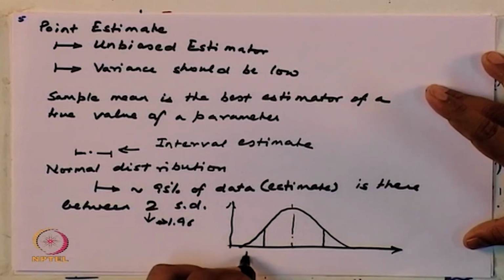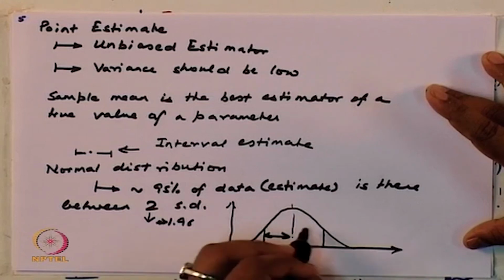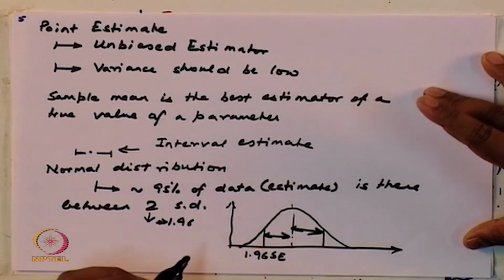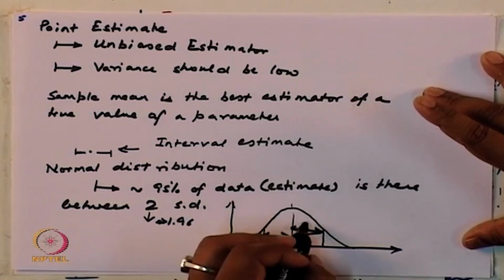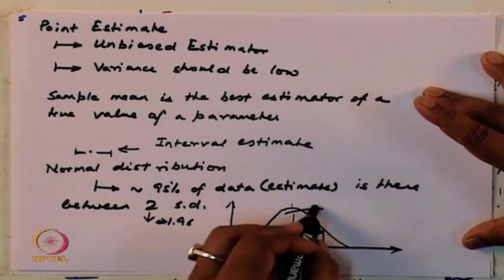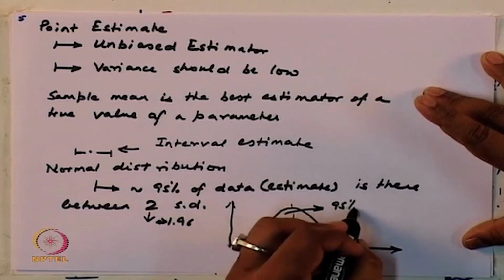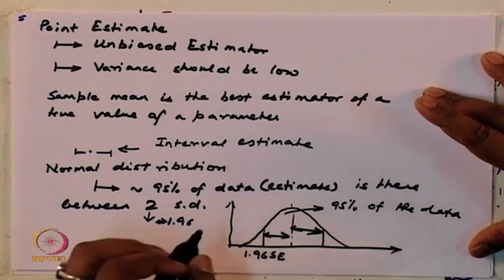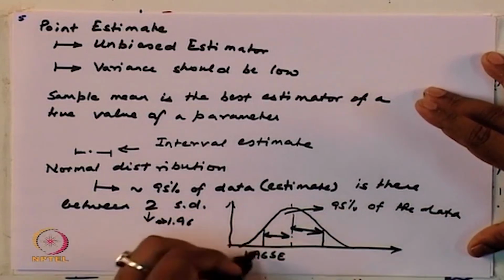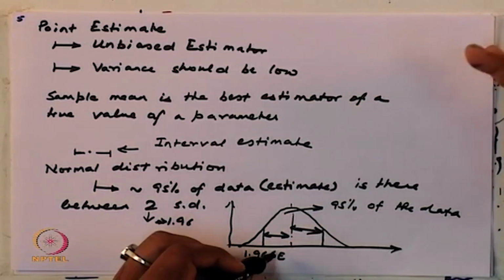This is 1.96 times SE, and this is also 1.96 times SE, and this total area covers 95% of the data, which means that the probability that any estimate falls within this range is 95%.